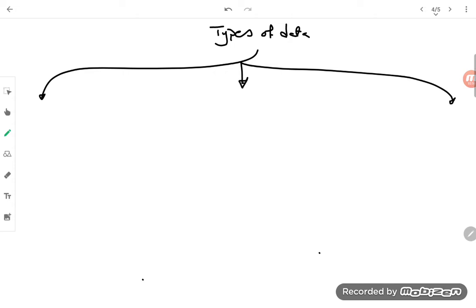Number one, time series data, which means that we are going to collect data over time periods for a single cross section or sector or country.